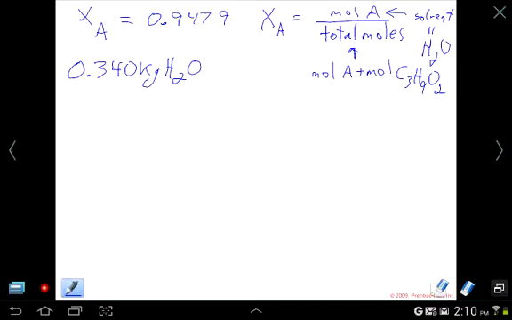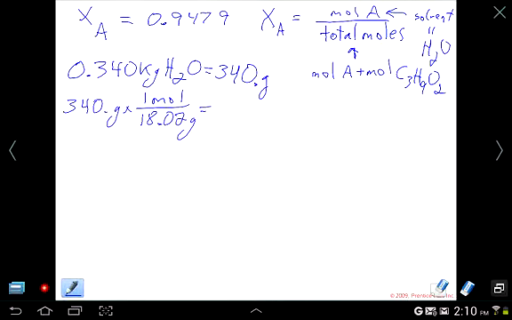So let's go ahead and first convert our kilograms of water to moles of water. Now we know that 0.340 kilograms is actually 340 grams. This essentially is just multiplying by 1,000, and then we can convert this to moles. We know that a mole of water is 18.02 grams of water.